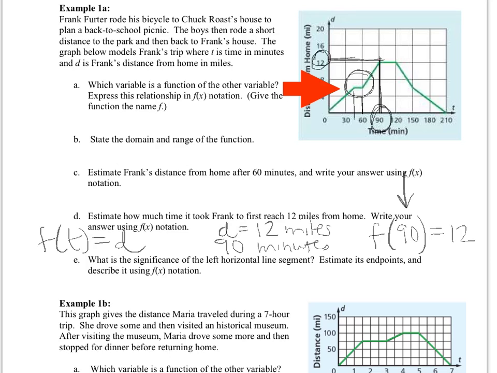We would write it like this: t greater than or equal to 45 and less than or equal to 60, and then f of t equals 6 miles, because that happened right at the 6 mile point, right when he got to Chuck's house.